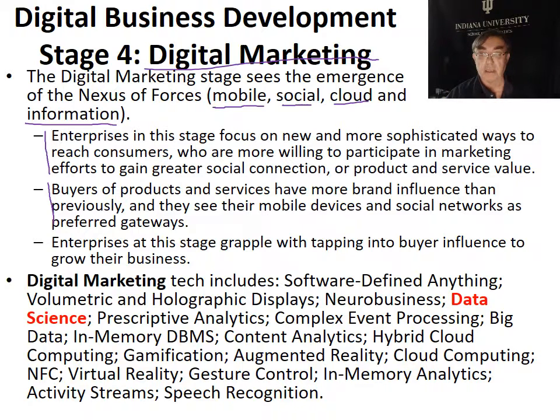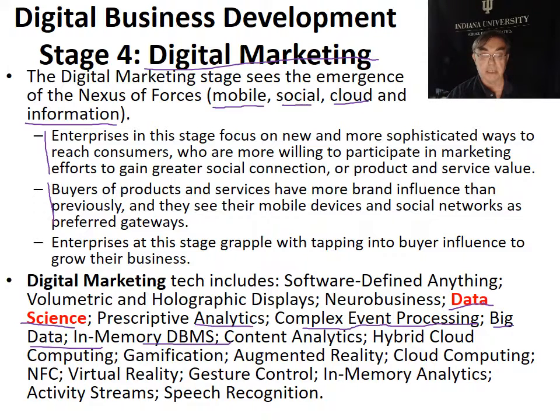So here are the technologies for this initial step. We have data science as classified here at this stage. We have analytics. Streaming and events are very important for all of these applications. Here we have just the basic concept of big data.